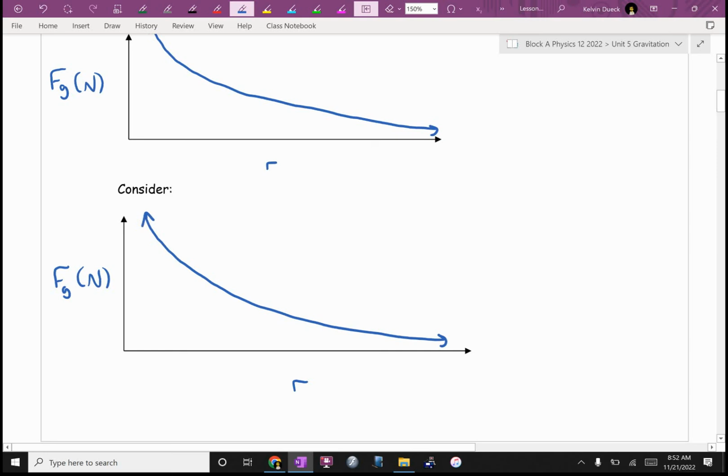But we're going to do the same trick as we did with our very first graph. I'm going to put a point right there, but instead of calling it A, I'm going to call it R Earth. That's where the surface of the Earth is. And instead of point B, I'll put a point here. I'll call it R Orb, short for orbit.